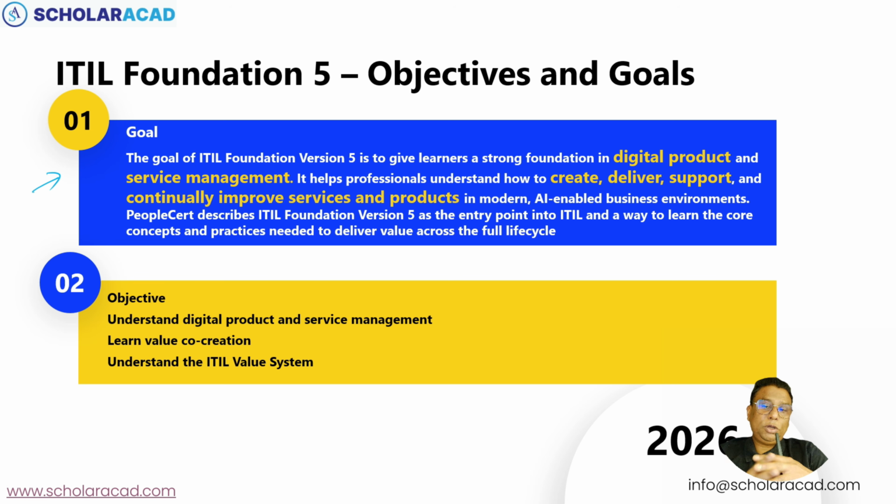Overall, the objective is to understand digital product and service management and creating value, which is co-creation: how we can create more and more effective and efficient value and understand the value system. This is the main objective of this certification. Yes, of course, there are more, but let's stick to this right now. We will focus much more on it in upcoming lessons.